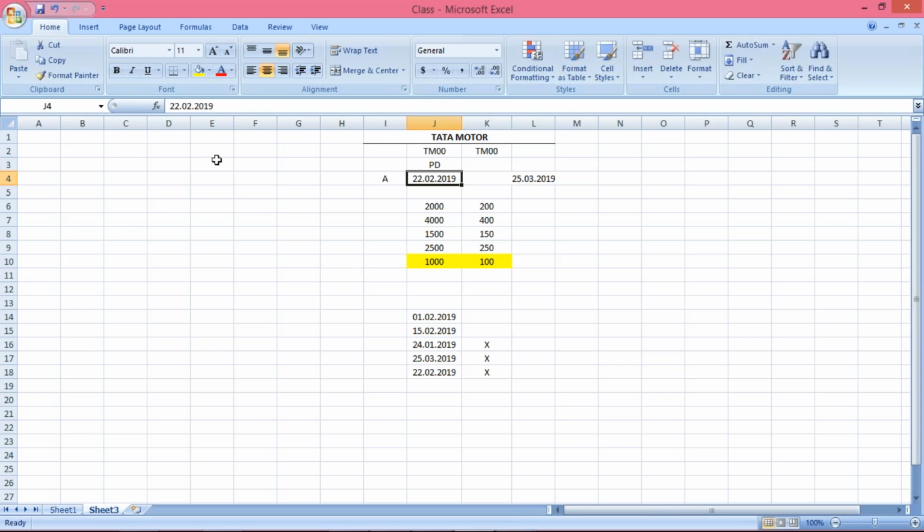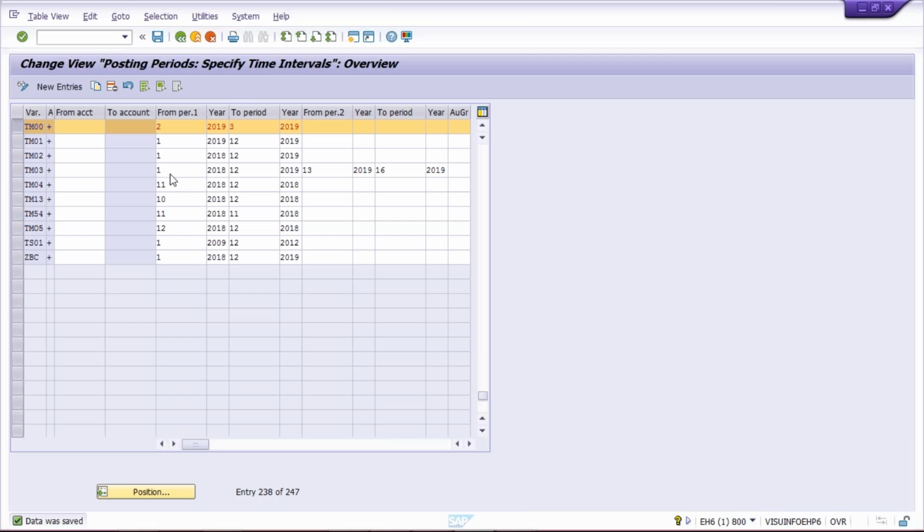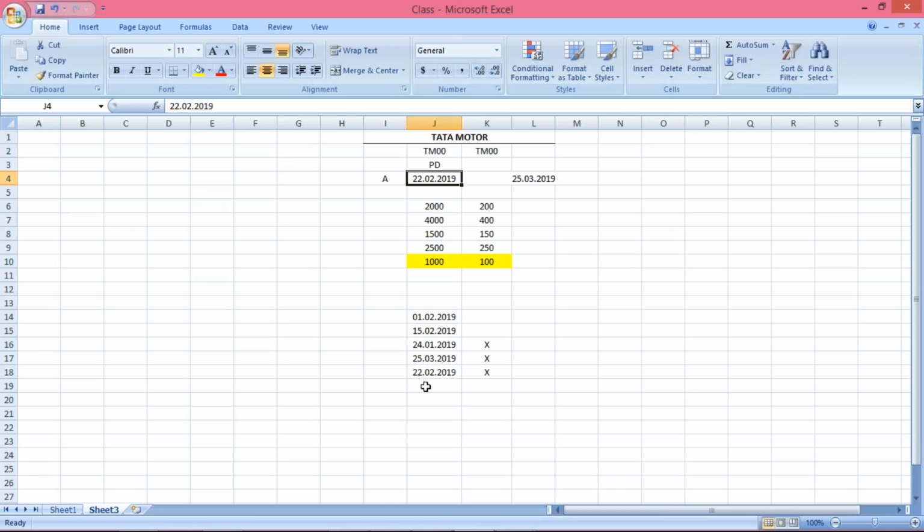So what is happening, guys? The major use of this: let's suppose while posting a transaction, sometimes by mistake you have given a future month, like instead of 03, instead of March, you have given 04 2019.